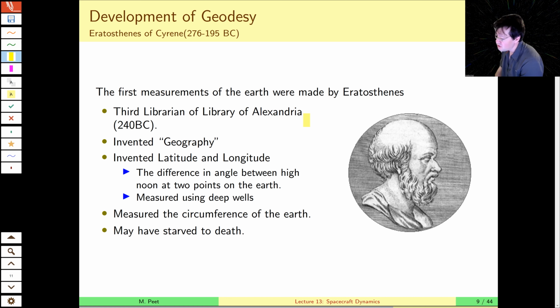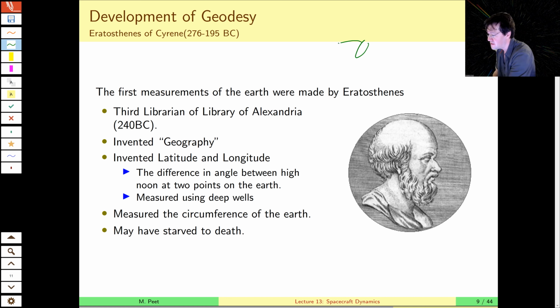But the only person who actually went out and measured the actual radius of the Earth, a physical measurement of the shape of the Earth, that would have been Eratosthenes of Cyrene. Where was Cyrene? It was a city south of Alexandria. Alexandria, of course, in Egypt. Here's the Mediterranean Sea.